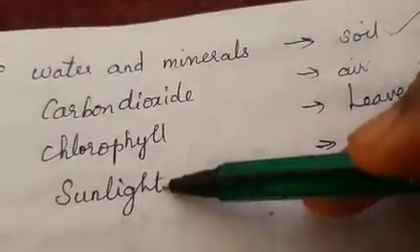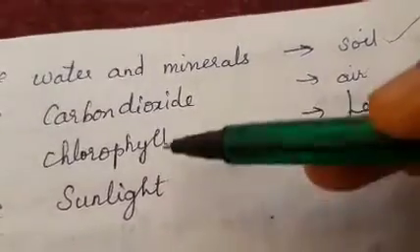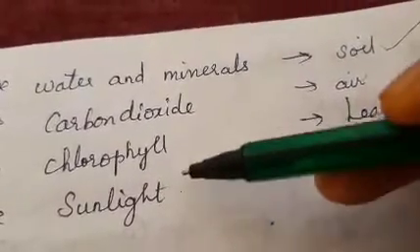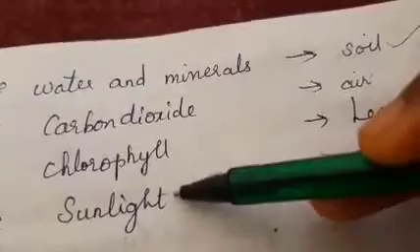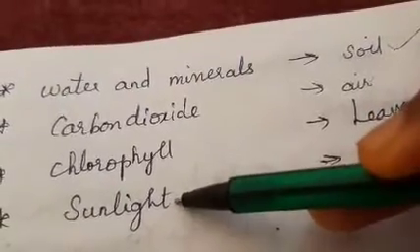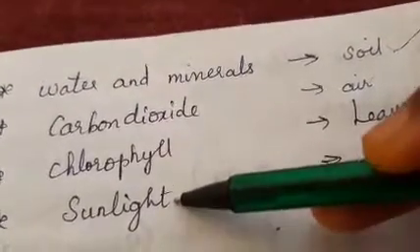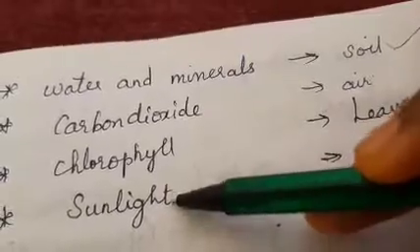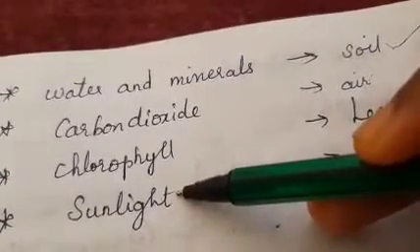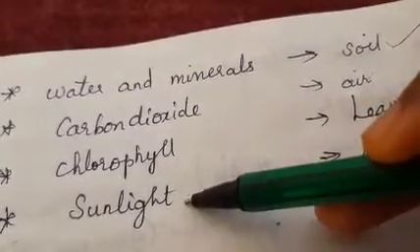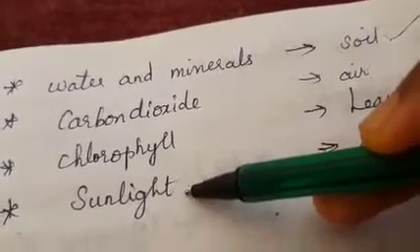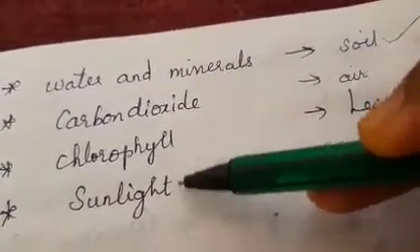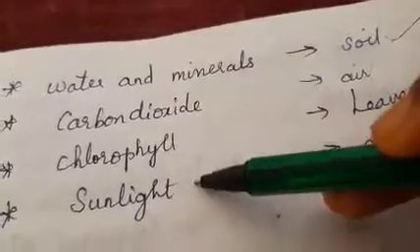So I am telling you indirectly another point: the photosynthesis process will happen only during the daytime, because we need sunlight. If there is no sun, photosynthesis cannot occur. My dear children, photosynthesis happens during the daytime only.